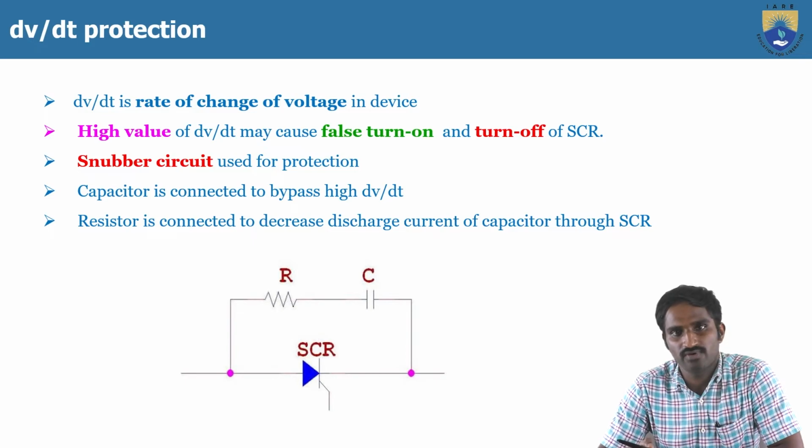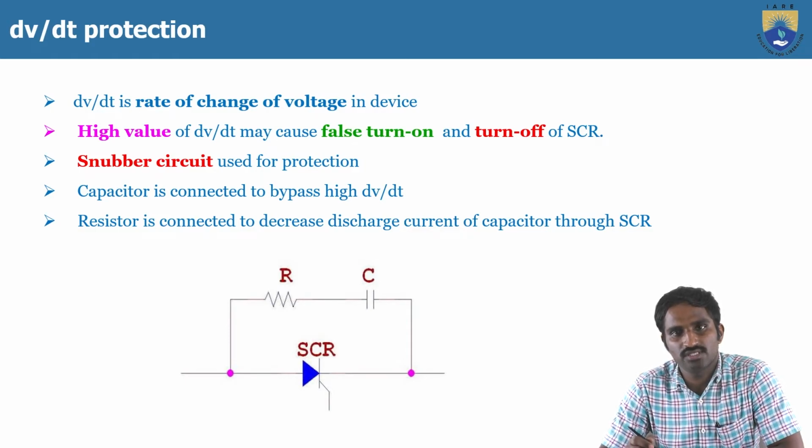False turn on means that even though at that particular point we don't require to turn on the thyristor, it will turn on.